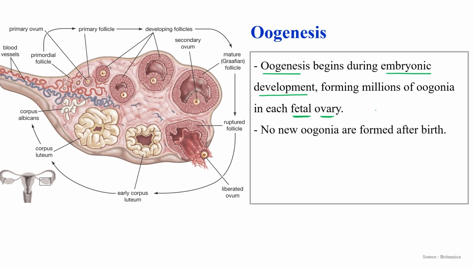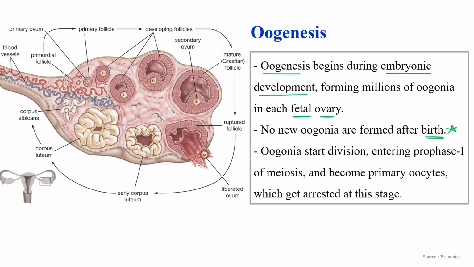No new oogonia are formed after birth, and this is a very important point. These oogonia start division, and after division they enter the first phase, prophase 1 of meiosis, and become primary oocytes, which get arrested at this particular stage.